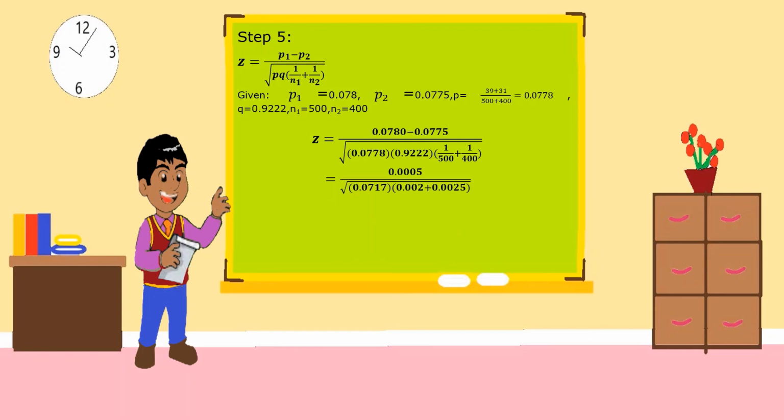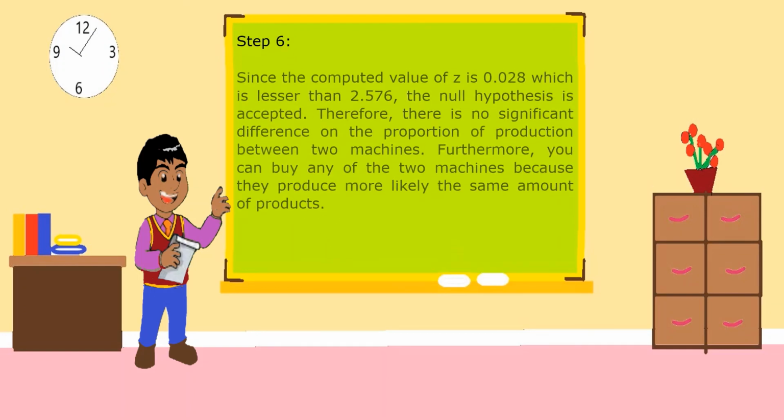So we have here z equals 0.0005 over the square root of 0.0717 times the sum of 0.002 and 0.0025. Then we come up with 0.0005 over the square root of 0.000322265. And then it becomes 0.0005 over 0.01796, or 0.028.